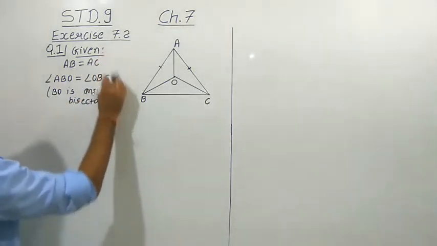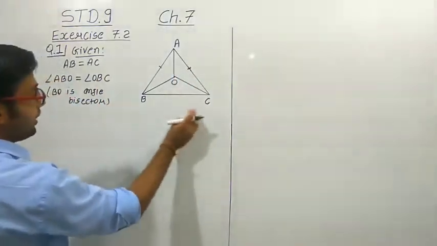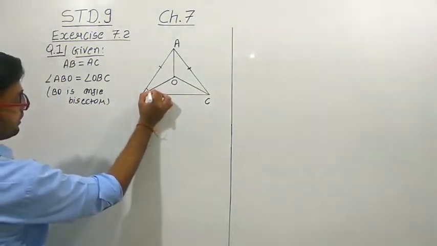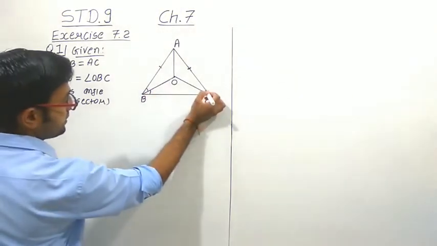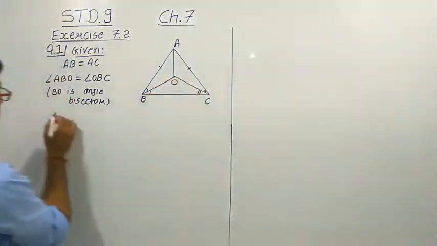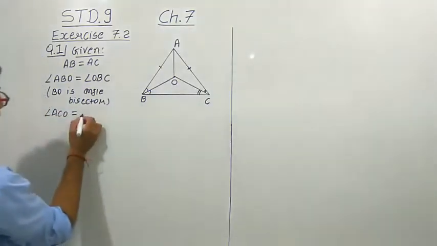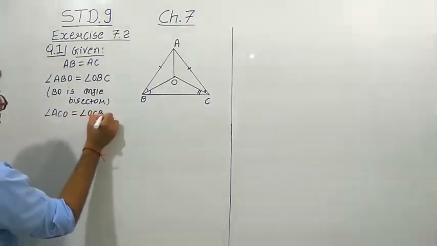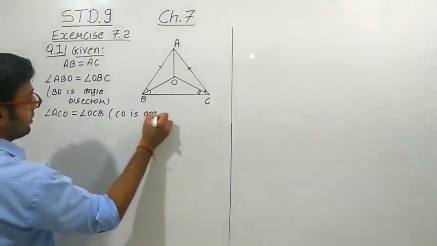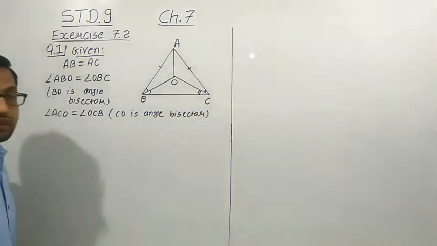This we are writing in the given section. In the same way, angles ACO and OCB are also equal. This angle and this angle are equal, that is, angle ACO is equal to angle OCB, again because CO is the angle bisector, right?